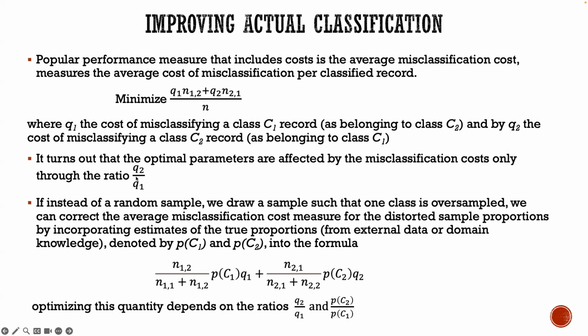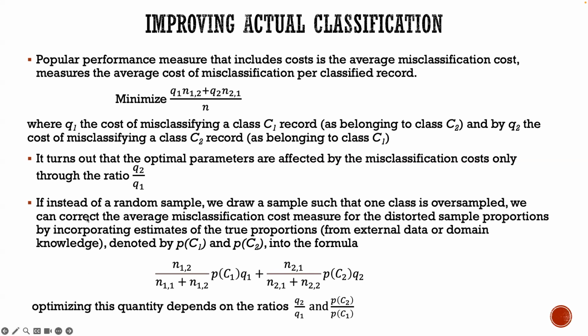This ratio is what we want to minimize. So even though this expression is bigger, basically it ends up becoming like this. That's how you can improve the actual classification by incorporating some of this optimization within the model. We have yet to get into these models, but I'm just highlighting that there's a possibility of doing this.